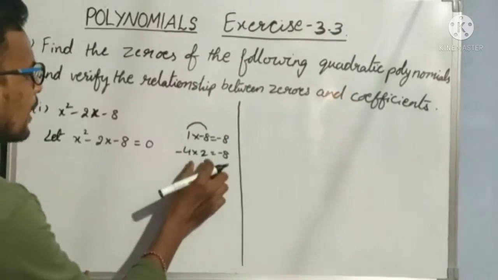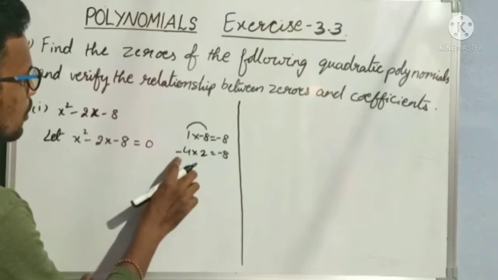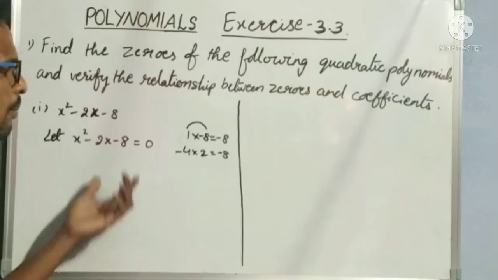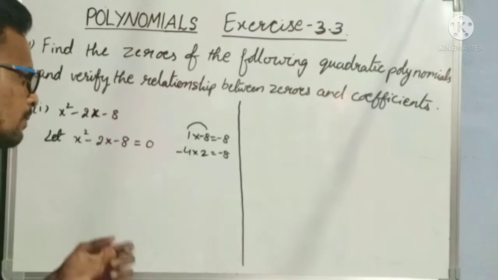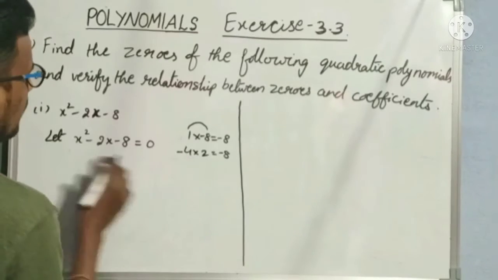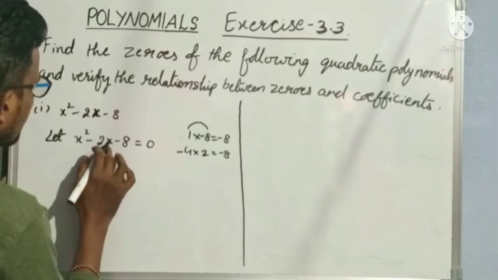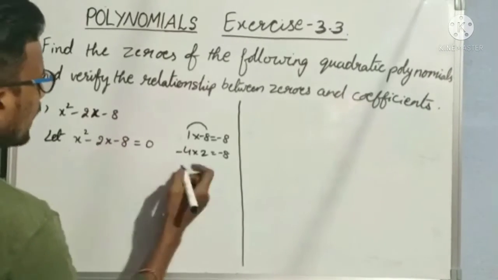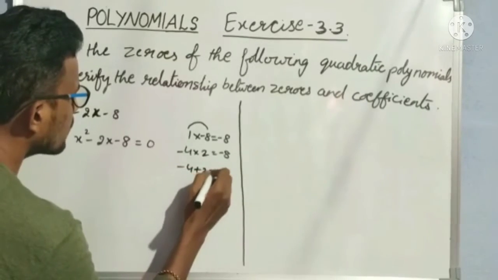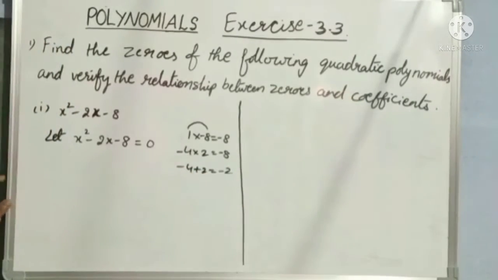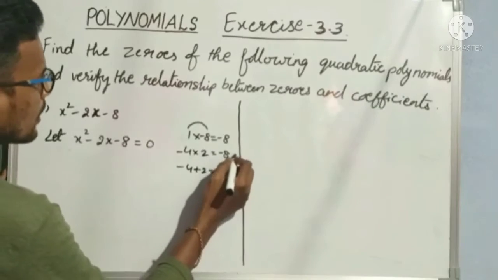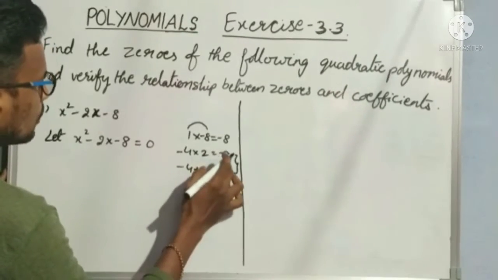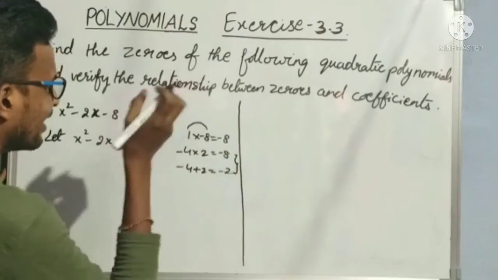The factors of 8 are 4 and 2, so minus 4 into 2 is equal to minus 8. In the middle we need minus 2x, by adding minus 4 and 2. Minus 4 plus 2 is minus 2, right? So both are satisfied: minus 4 into 2 is minus 8 and minus 4 plus 2 is equal to minus 2.